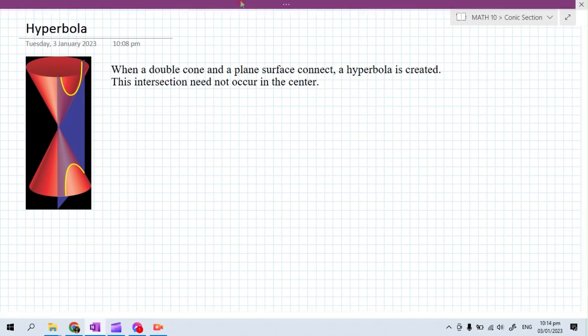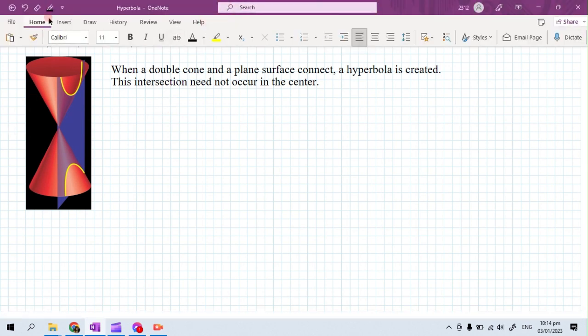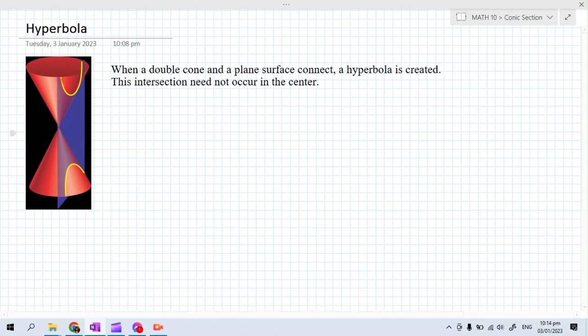As you can see, there are two lines visible in the illustration here and here. There are two standard forms of the equation of a hyperbola.